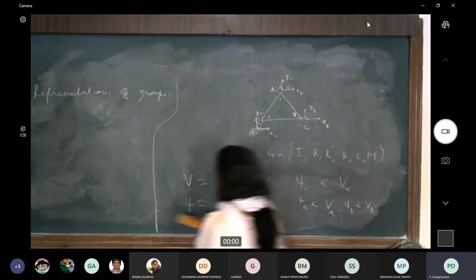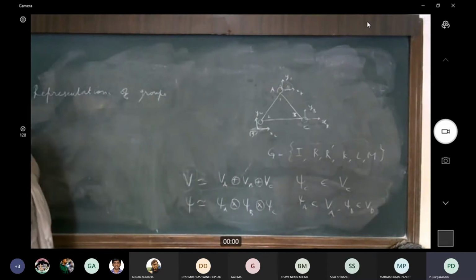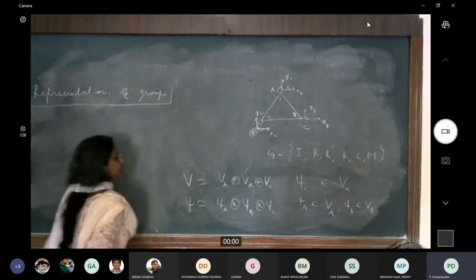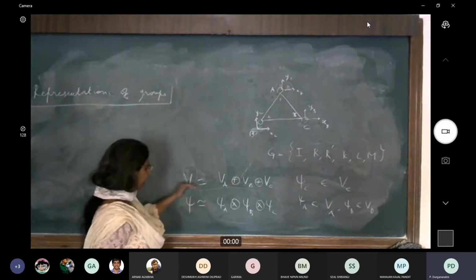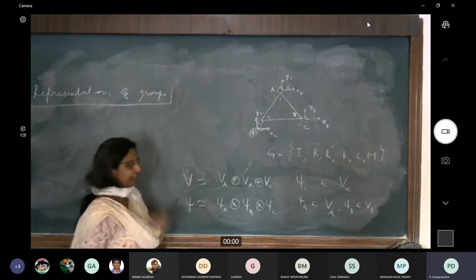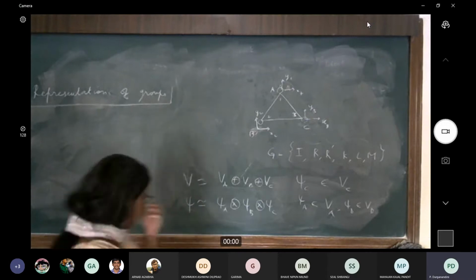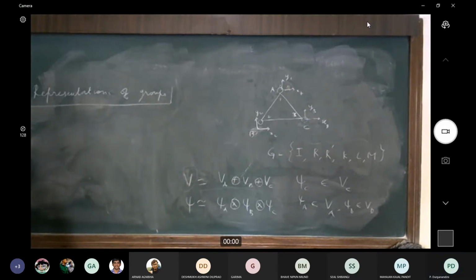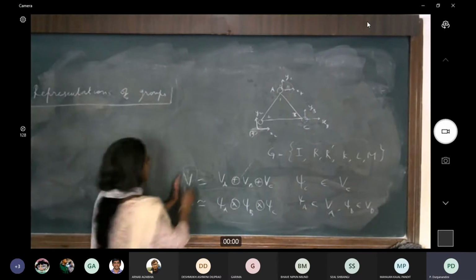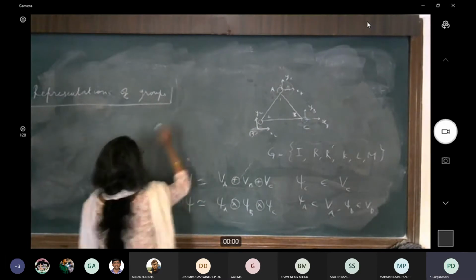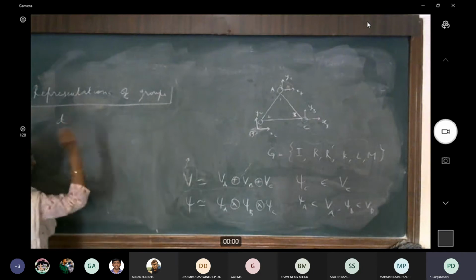But we can boil it down then, because we know about vector spaces. Given a vector space, whatever this psi is, I can expand this psi in some basis of V. So let me now do a little bit more general case.